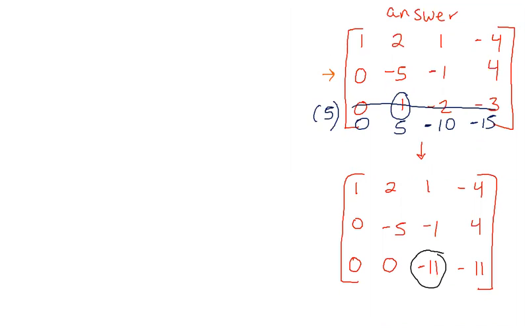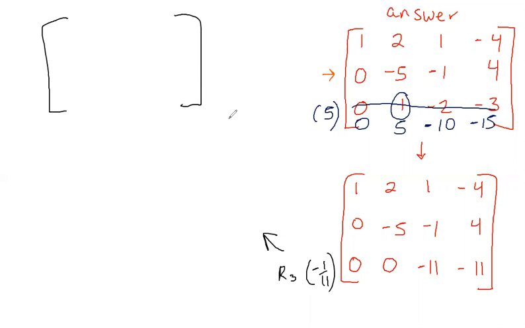So what we will do is we will multiply row 3 here, or multiply everything by negative 1/11. If we do that, this will become a 1, and by coincidence, this will also become a 1. So I'm going to write a new matrix up in the upper left, like this, and row 1 is 1, 2, 1, negative 4.